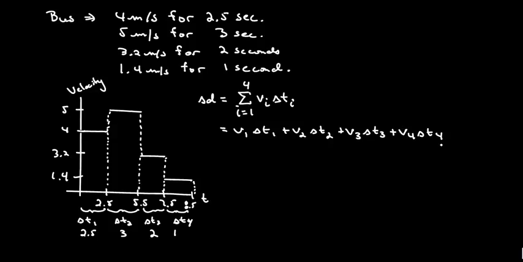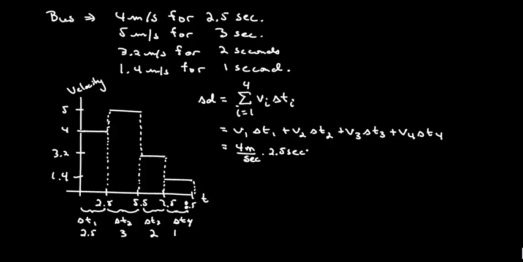Now we just have to plug these in. What are each of these? The first one, V1, is the velocity over interval 1, so that's 4 meters per second. We multiply that by the change in time over that first period, so that's 2.5 seconds.